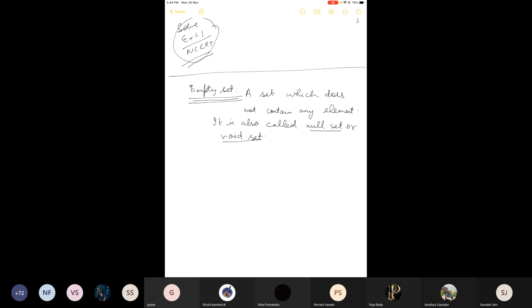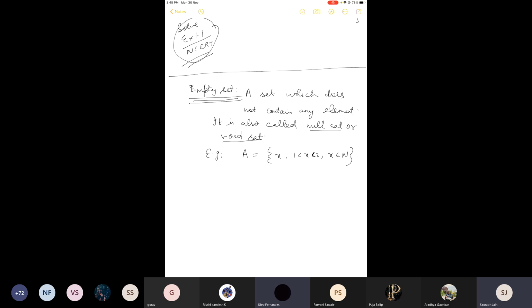Example: see this. Can you tell me why it is an example of empty set? Because natural numbers don't have any decimals involved.